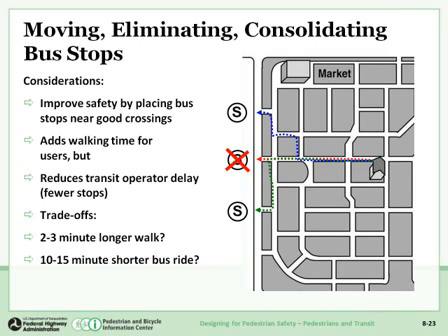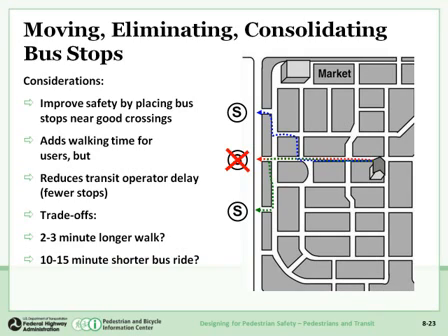And again, one of the things that you're really trying to ensure is that you're providing adequate crossings to bus stops. So in this case right here, you eliminate the mid-block bus stop, which would help eliminate mid-block crossings perhaps. But you still have bus stops on either end of that roadway segment.